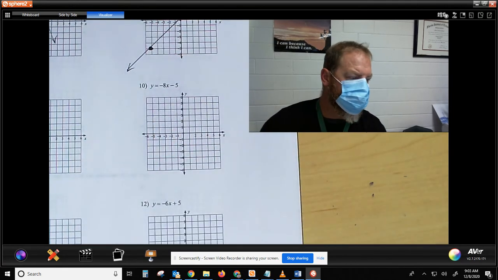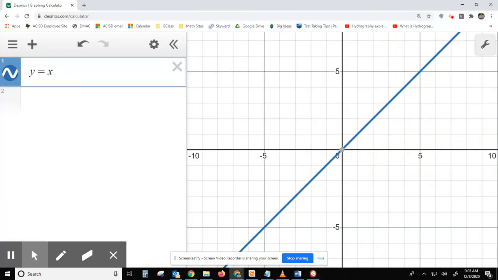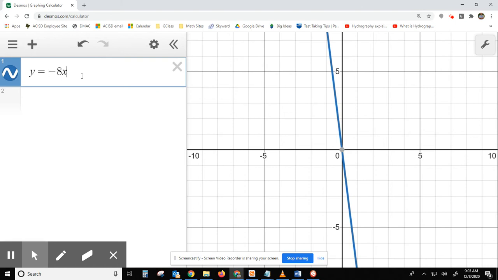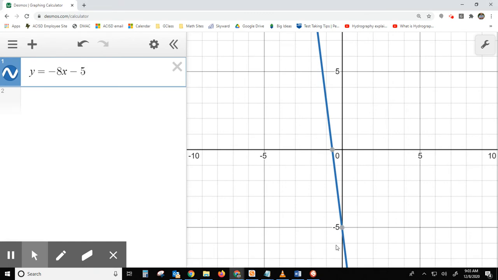All right. Back to my website, Desmos, -8x minus 5. And there she is. -5 is my y-intercept. My slope is -8.